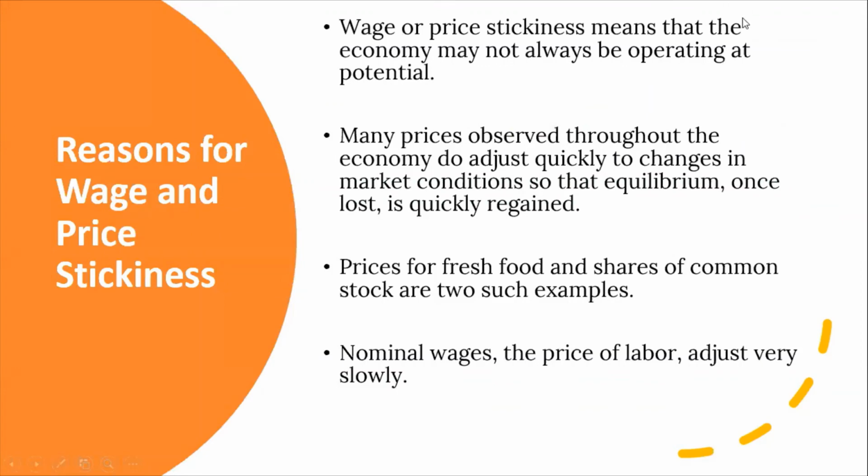Wage and price stickiness mean that the economy is not operating at potential. Many prices in the economy do adjust quickly to changes, but a lot of them don't. Prices for fresh food and shares of common stock are two such examples. Nominal wages, the price of labor, adjust very slowly.